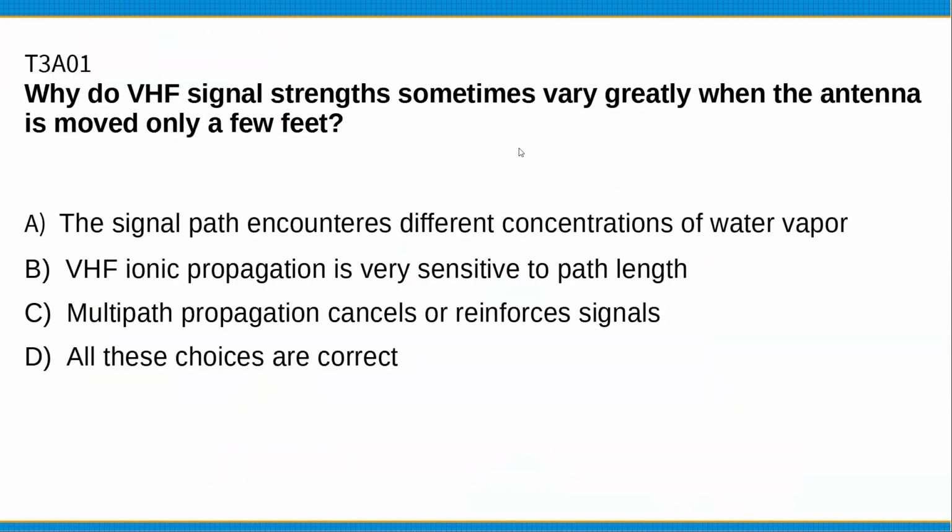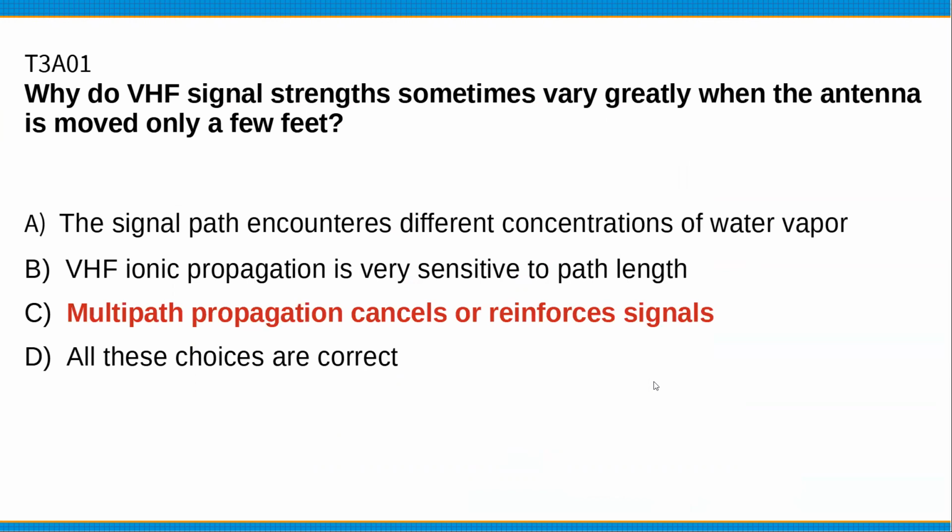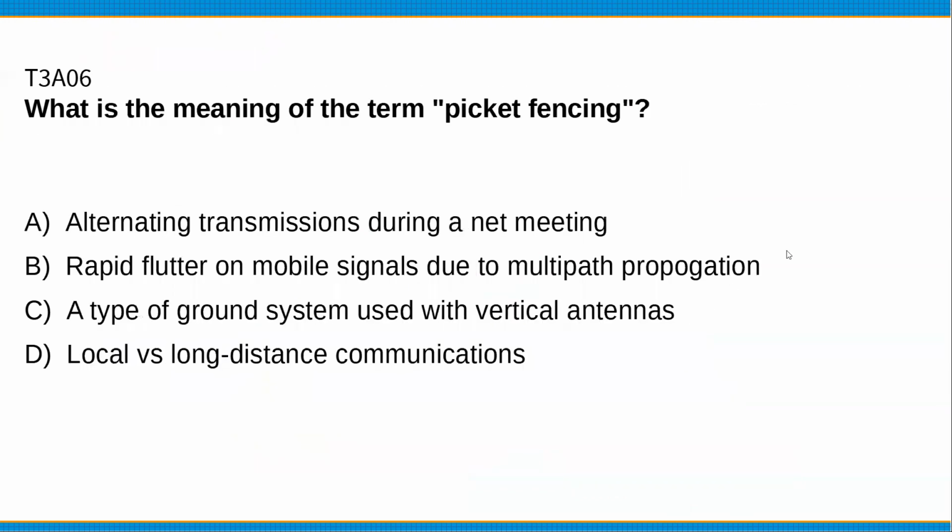Okay, why do VHF signals sometimes vary greatly when the antenna is moved only a few feet? C. What's the meaning of the term picket fencing? B. What'd you say?